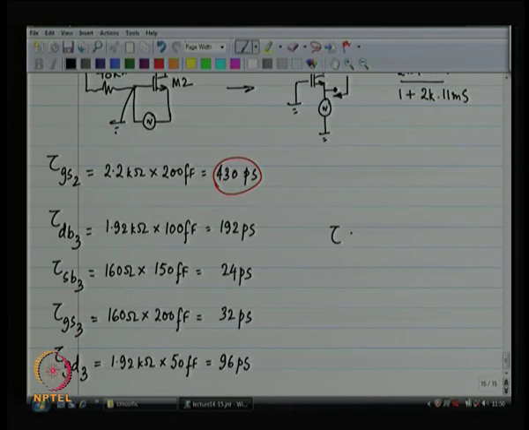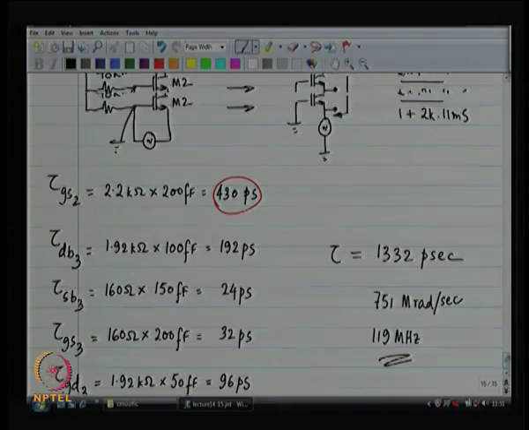Net, I have got 1332 picoseconds, which gives me a net bandwidth, 1 by tau, of 751 megaradians per second, divided by 2 pi gives me 119 megahertz.